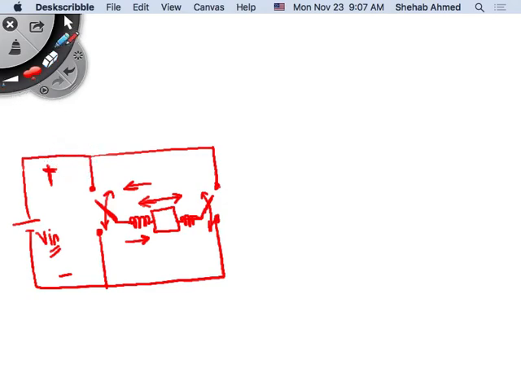So this is V input. If I have this top arm connected to this node 1, 2, 3, 4, the arm on the left connected to node 1, and the arm on the right connected to node 4, what's the voltage across my load? What's the voltage across my V output? Exactly.